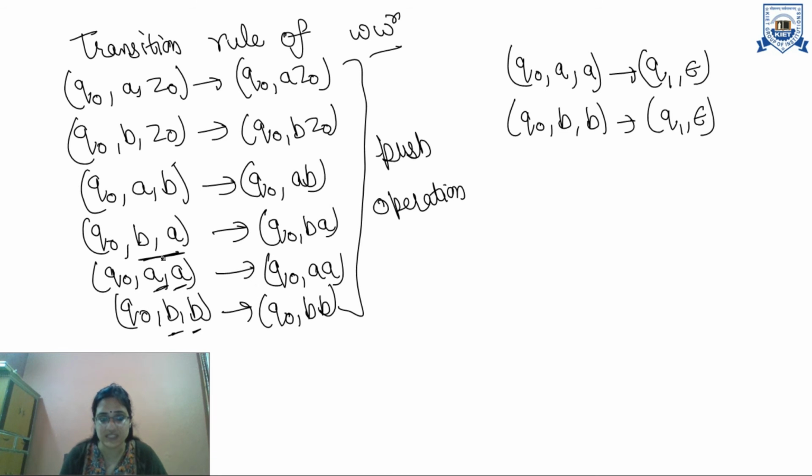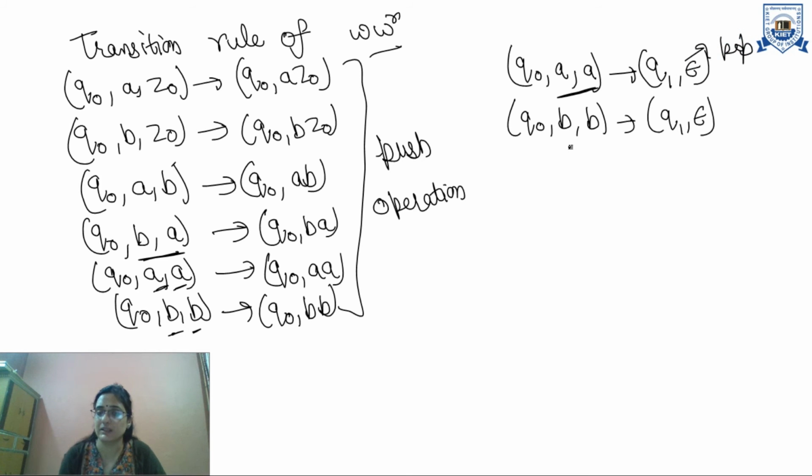That means for same input symbol A, I am going to perform a push operation. For same input symbols, that means input symbol is B, top of the stack is B, I am going to perform the push operation. But in this case, if input symbol is A, top of the stack is A, that means both symbols are same, I am going to perform the pop operation.